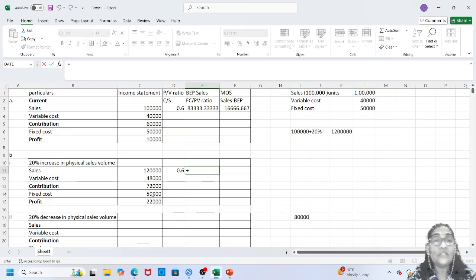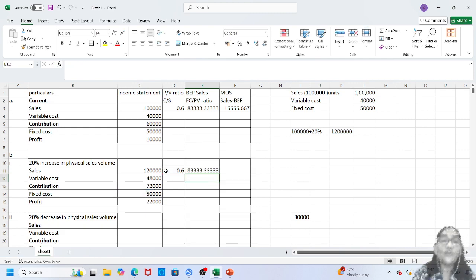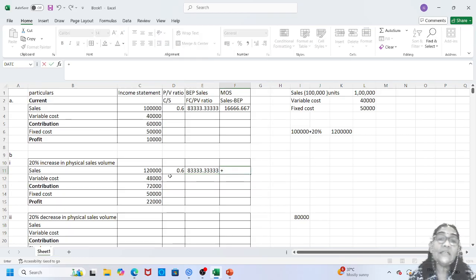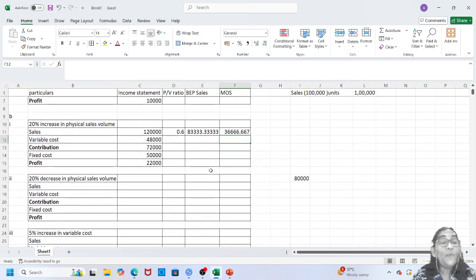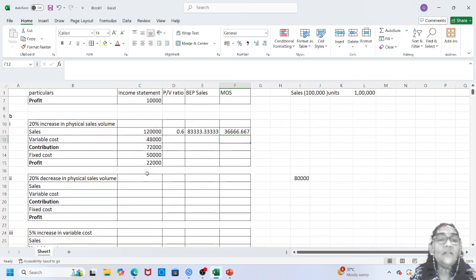BEP will also remain the same here but margin of safety will change. BEP is fixed cost divided by the CS ratio, that is 83,333. Now you have increased the sales, therefore your margin of safety is also going to increase to 36,666.